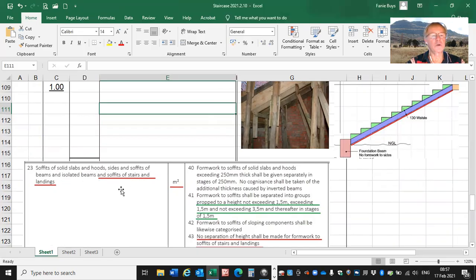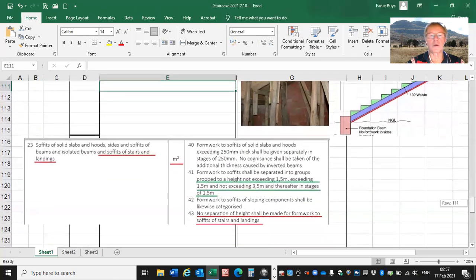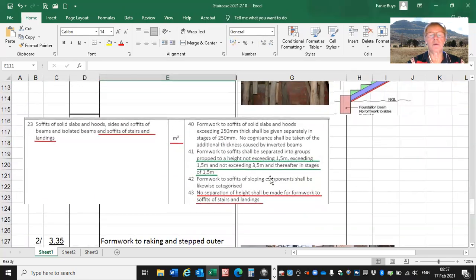So the formwork to the soffits of the stairs and landings we can group together as one item, and then also look at the normal propping up. The normal propping up is not exceeding 1.5, exceeding 1.5, not exceeding 3.5, and thereafter in stages of 1.5.